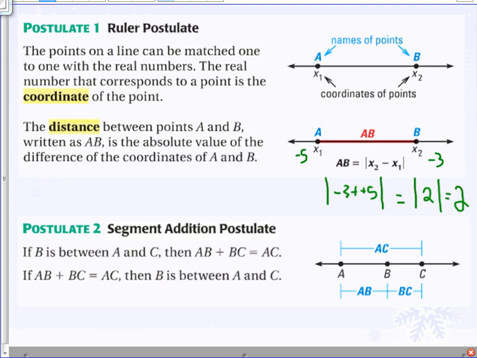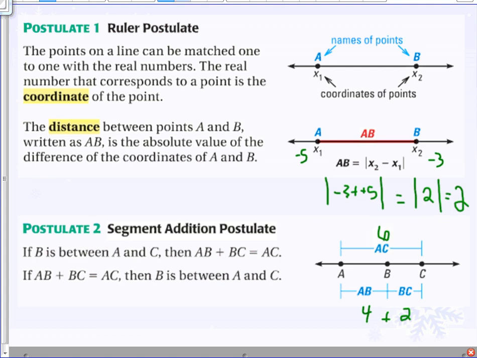So for example, if I say that AB is 4 and BC is 2, okay? The segment addition postulate is saying that I can do 4 plus 2 to get the length of AC, which would then be 6.